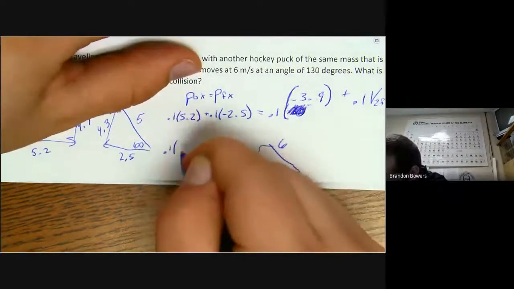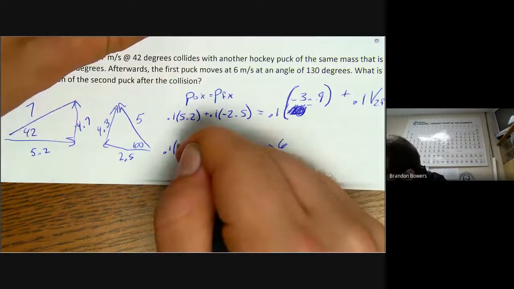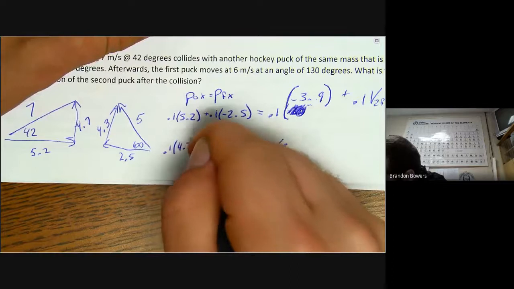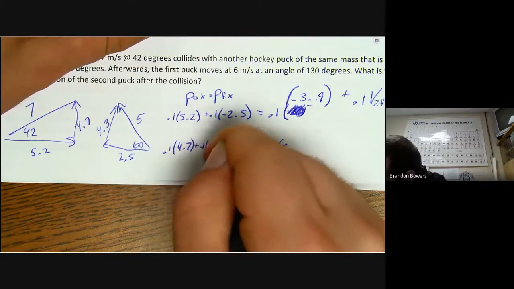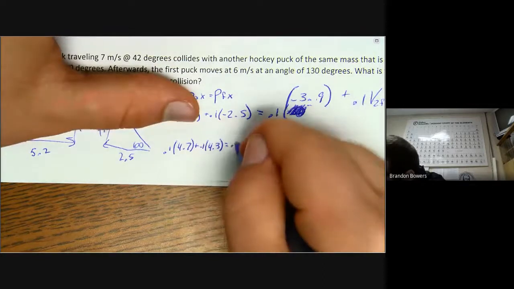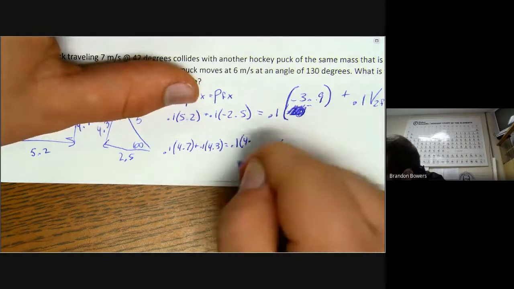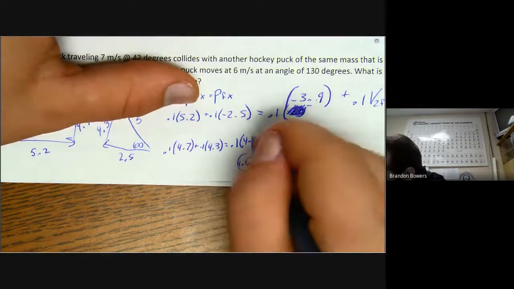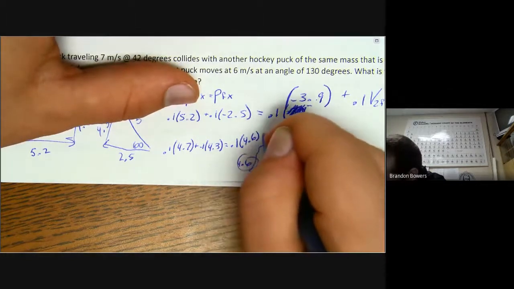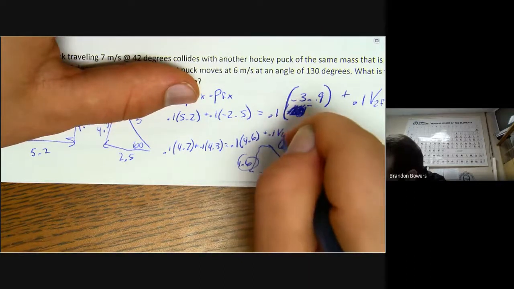0.1. Initially in the y, 4.7, 4.3 equal to 4.6. That's what I saw right there. 4.6. Velocity 2 in the y.